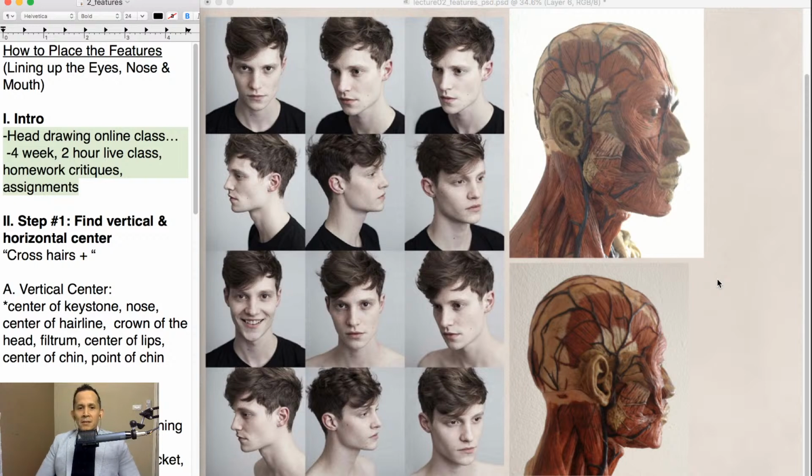So today we're going to talk about placing the features, how to line up the features. A lot of people ask me how to draw the features, how to get more accurate features, how to get a likeness. And a lot of it really comes with first placing the features and making sure that they match the person you're drawing, that it looks like them and has the right length, height and width, but it also communicates the angle.